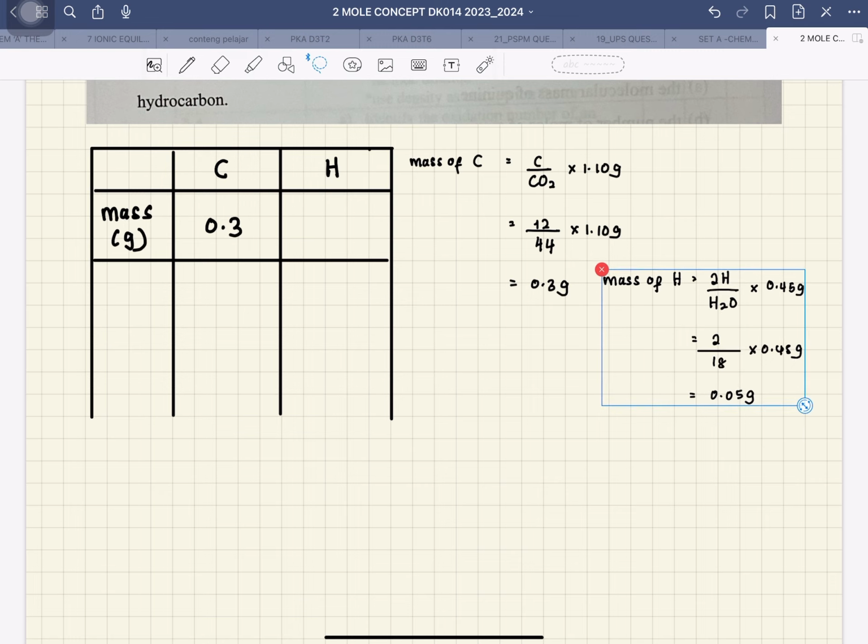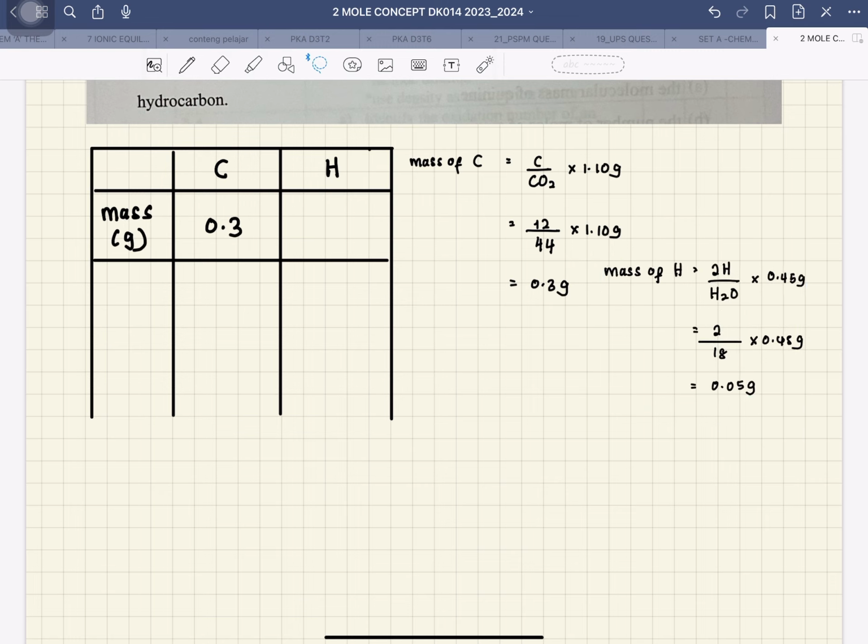So let's put it here. Okay, so the mass for hydrogen is 0.05 gram.